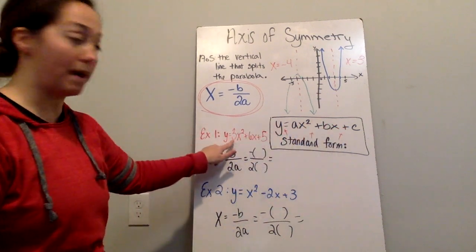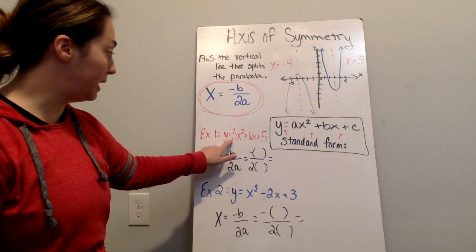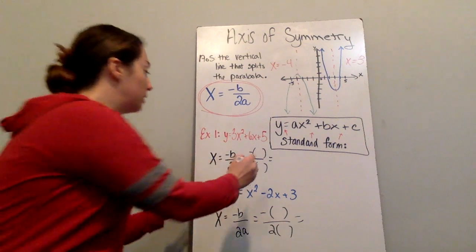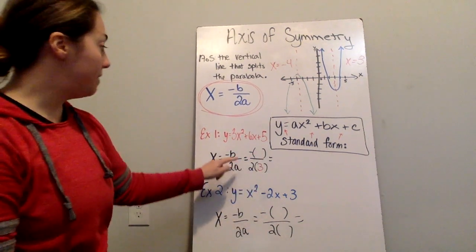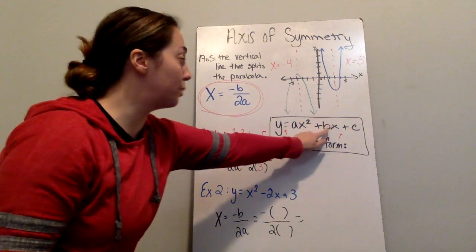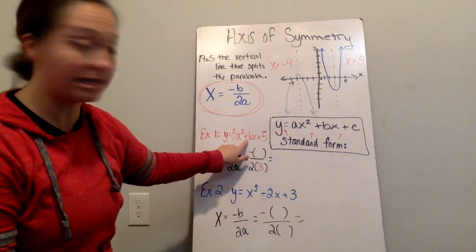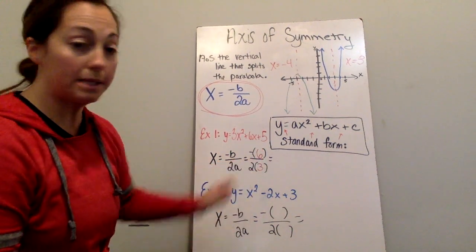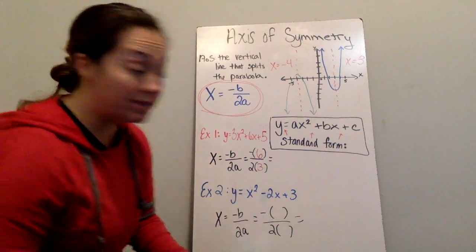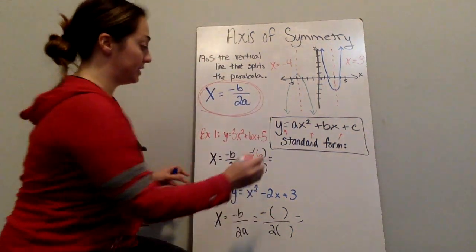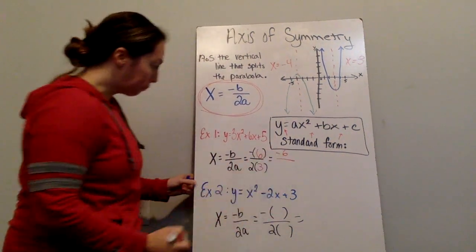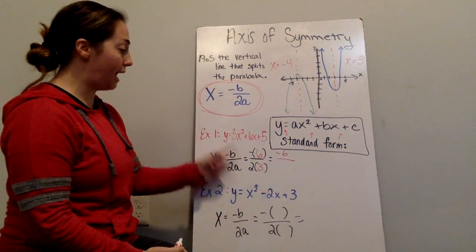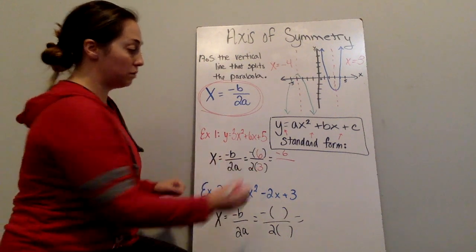My a is with my square value, so my 3 is my a. And then my b is the one that's with the x. So that positive 6 is going inside there, because I have the opposite of b. If it's positive 6, now I need it to say -6 over. And then down here, 2 times a. 2 times 3 is 6.